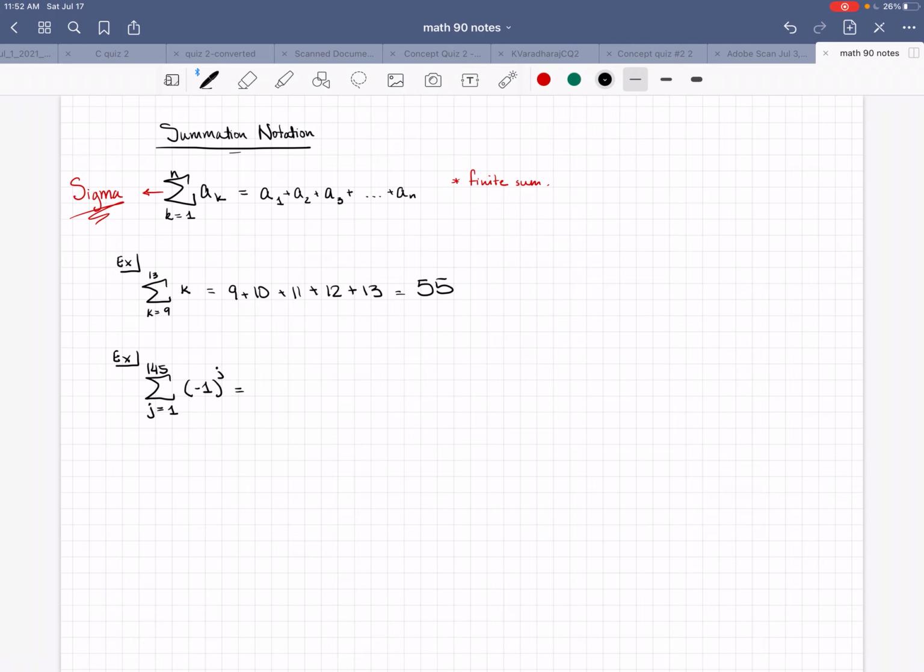So we're adding up from j equal to 1 to j equal to 145. So in the previous example, we only had to write out 5 numbers and add them together. Here we're going to have over 140 of them. So this is one of those cases where I don't think I want to write out 140 numbers. I think I want to observe what the pattern is and go from there.